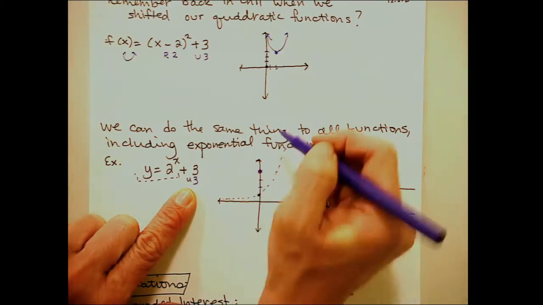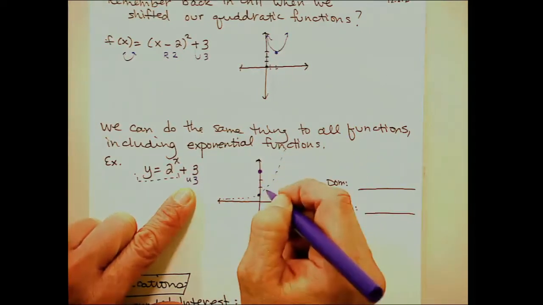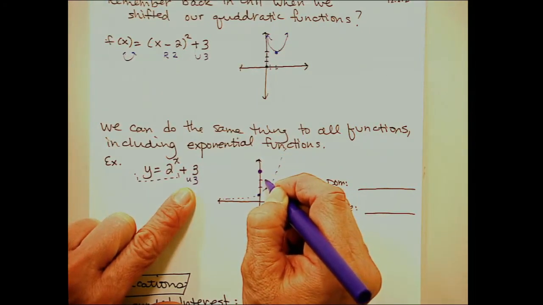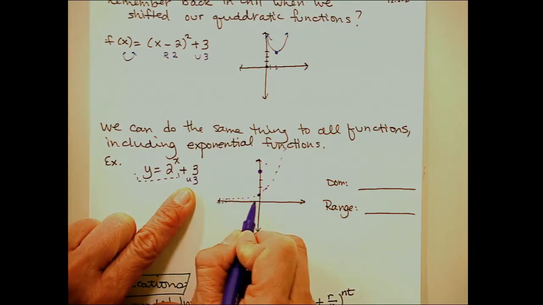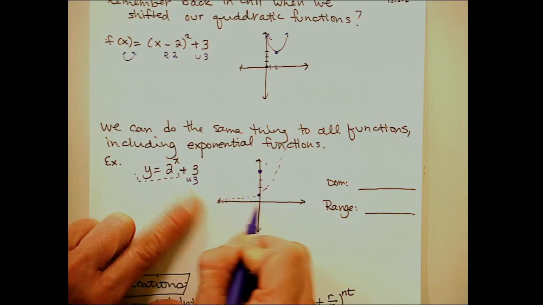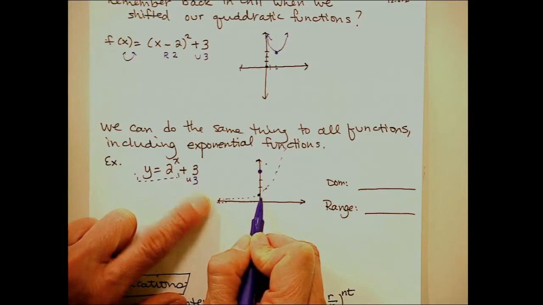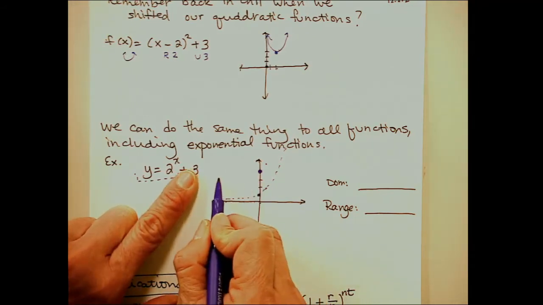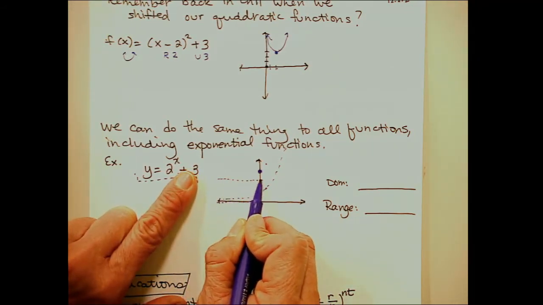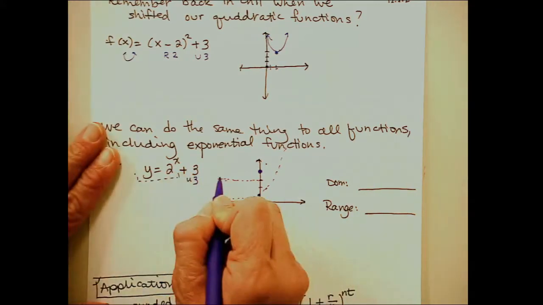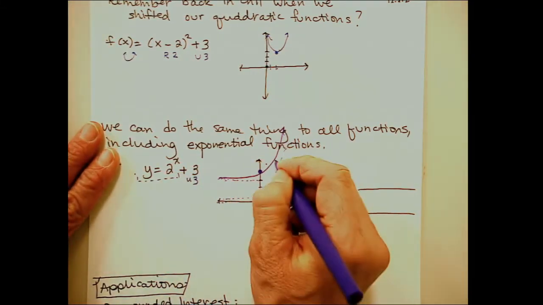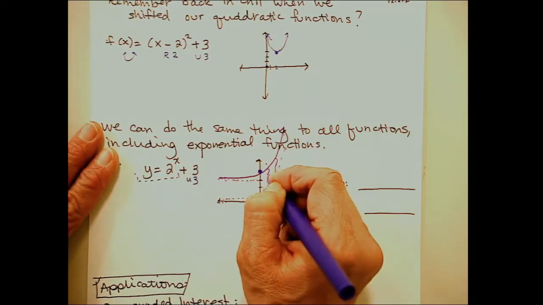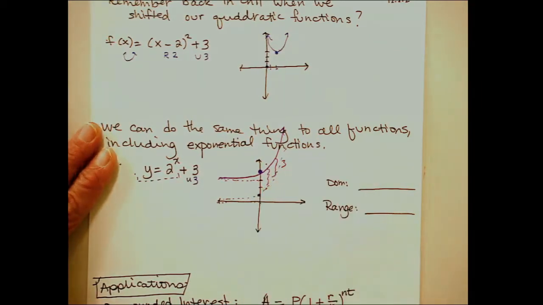All the points get shifted up 3, it's just hard to see all of them. My asymptote that used to be over here, I need to move up 3 as well: 1, 2, 3. I'll do a dotted line for that asymptote, and then I'm just going to draw my shape. This gap should be a constant 3 for all of those points.